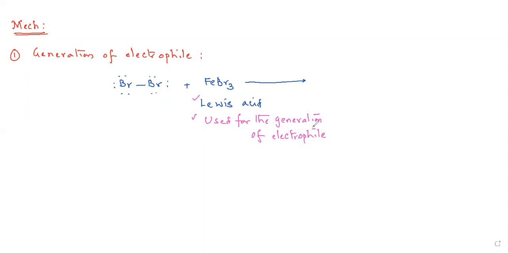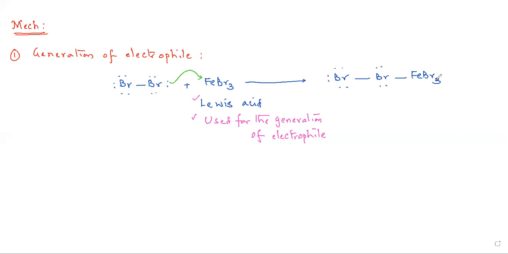Okay. Now, let us do this. The pair of electron is given into the vacant orbital of iron, upon which, say, we get this bromine, which is still having two lone pairs, then the FeBr.